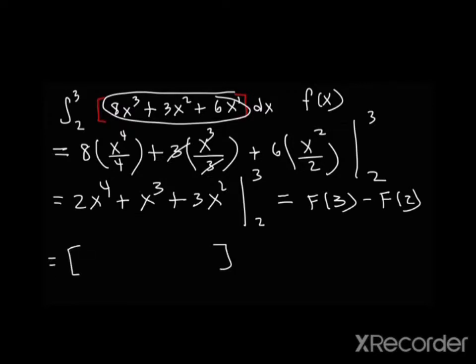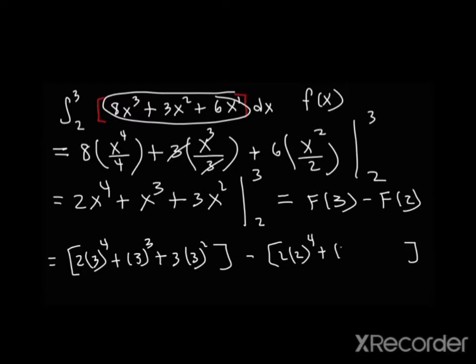So it's going to be 2 times 3 raised to the 4th power plus 3 raised to the 3rd power plus 3 times 3 squared. Now, let's substitute x with 2 in the second set of brackets. So, we have 2 times 2 to the 4th power plus 2 to the 3rd plus 3 times 2 squared. So, this is F of 3 and this here is F of 2.